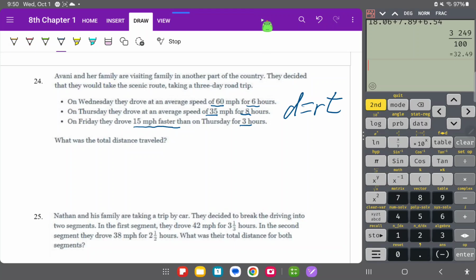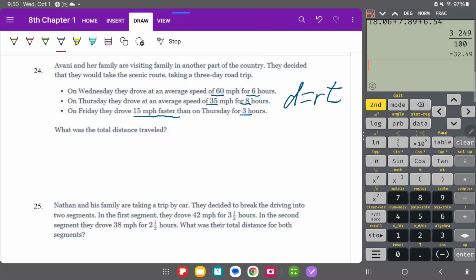Okay, so let's do Wednesday first. So remember using rate times time. So we're going to go 60 miles per hour times 6 hours. This is our distance.